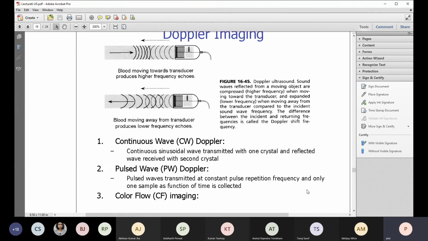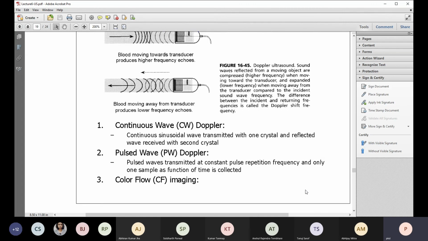There are various kinds of Doppler principles used for ultrasound. The continuous wave Doppler is where one crystal is excited by a sinusoidal wave and then the frequency shifts are monitored. We can have a pulsed wave Doppler based on pulse repetition frequency.